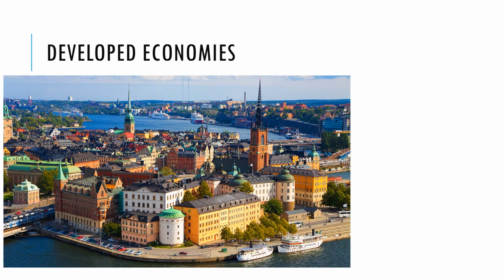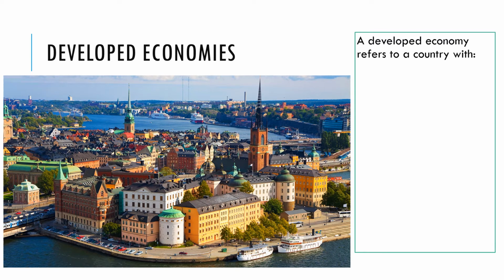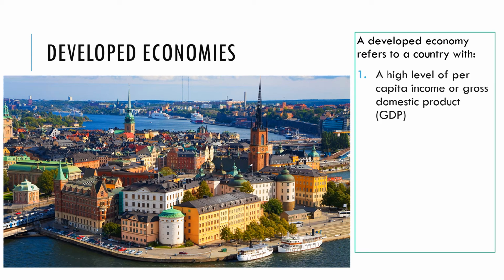So let's start off by looking at different types of economy, and we're going to start with what a developed economy is. Now, a developed economy is a country that we would normally describe as having a high level of income per person, a high level of per capita income or gross domestic product, which we learned about in theme 2.